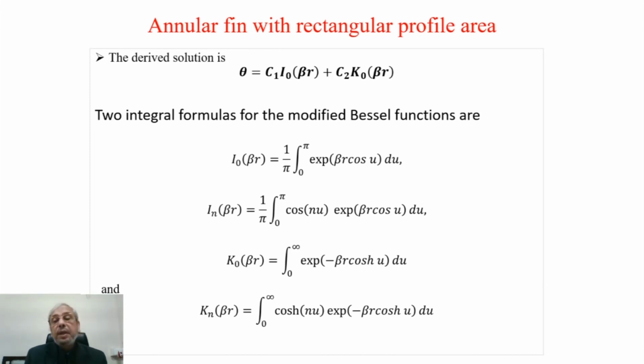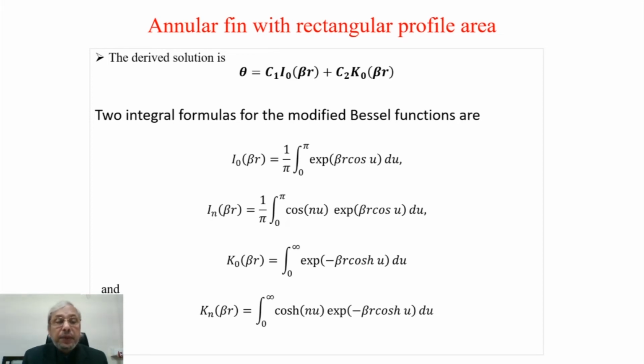I am giving another clue: Bessel's functions and modified Bessel's functions can be written in infinite series form, of course convergent series, but they can be written in integral form also.